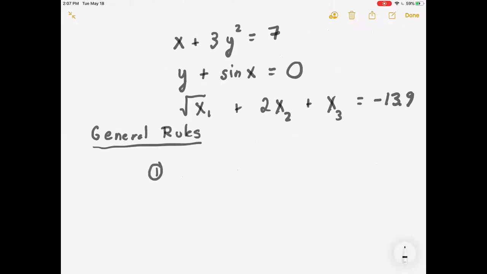So for an equation to be linear, all variables must appear to the first power.